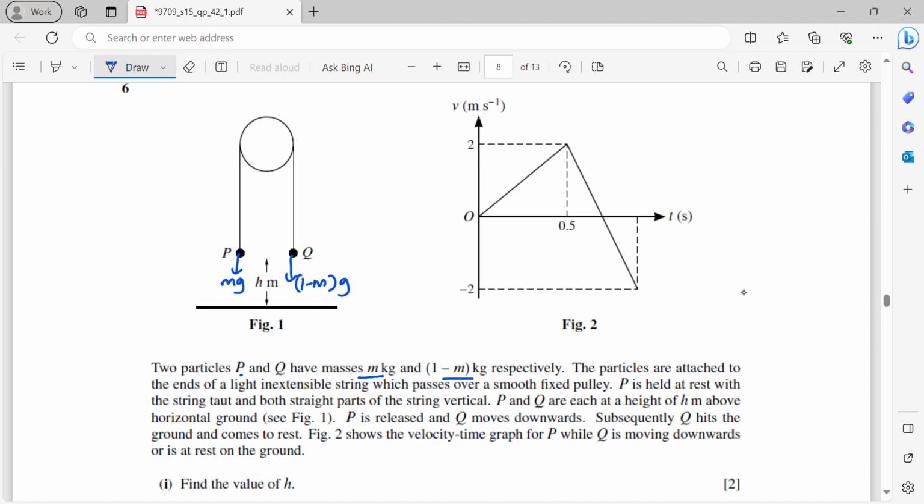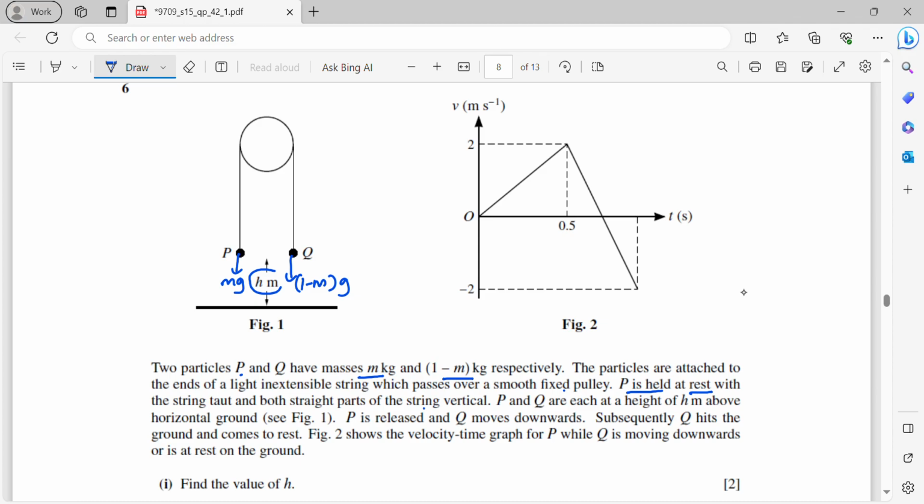Now, the particles are attached to the ends of a light inextensible string which passes over a smooth fixed pulley. P is held at rest with the string taut and both straight parts of the string vertical. P and Q are each at a height of h meters above horizontal ground. Here is h.